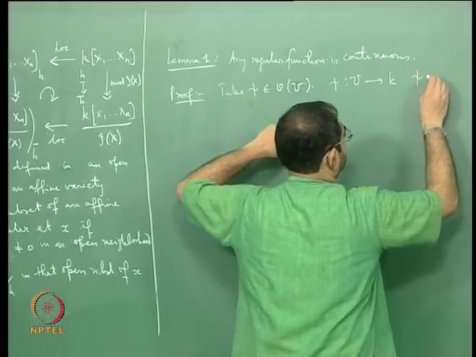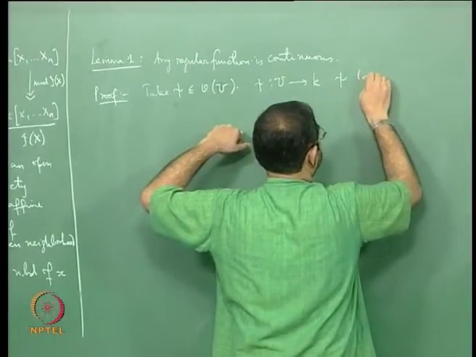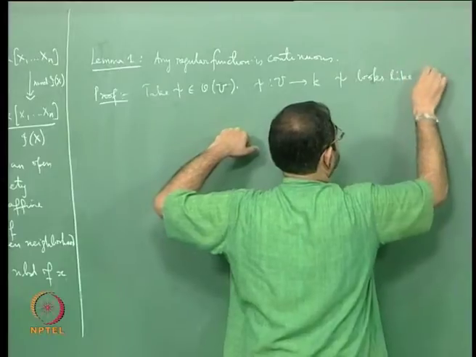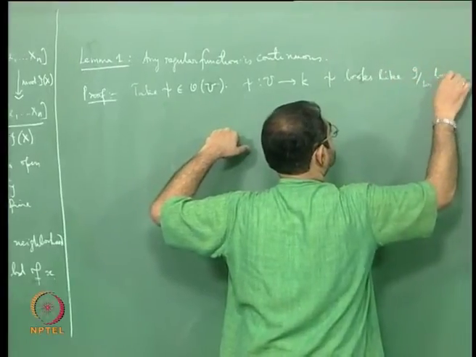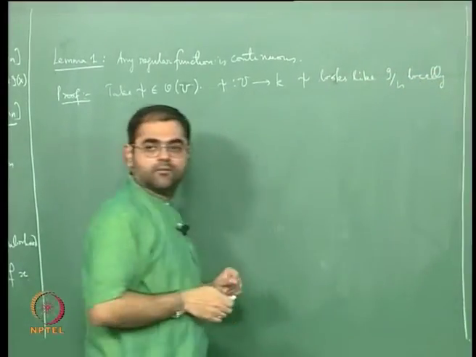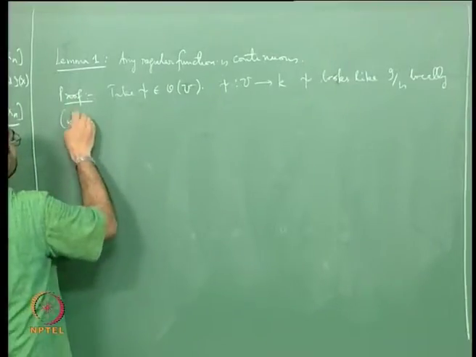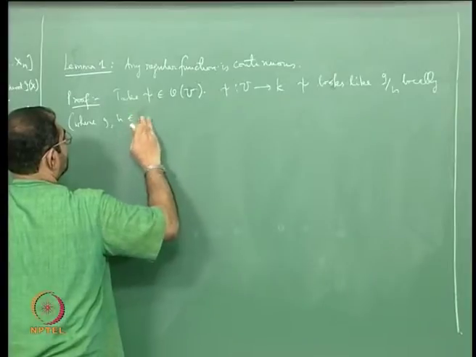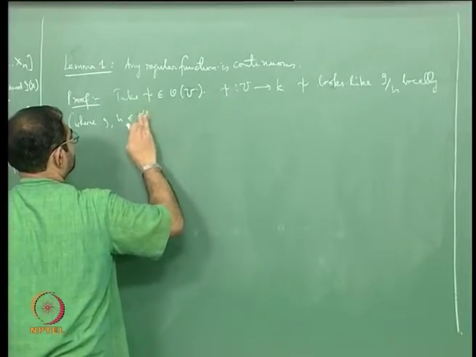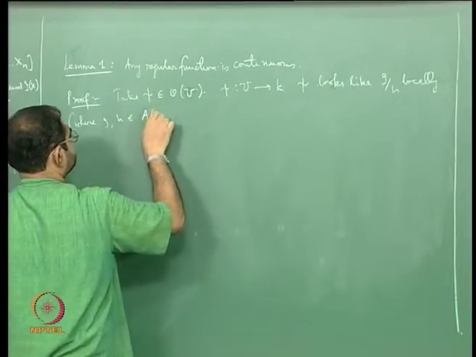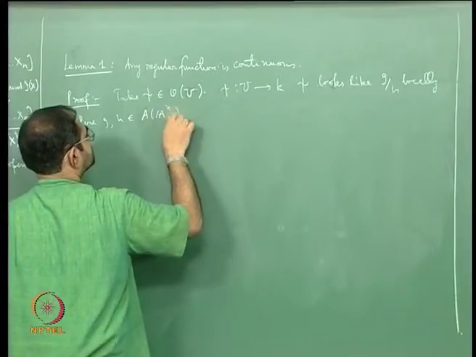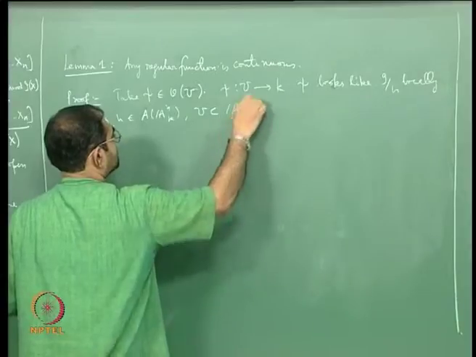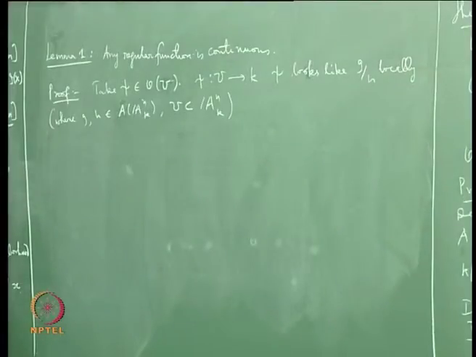Psi looks like g mod h locally, okay, where G and H are polynomials in the right number of variables, and you are considering U inside that affine space, okay.